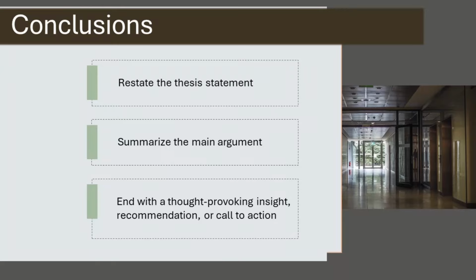The third component of your structure is the conclusion. And in this area, you're basically restating the thesis statement, what you said you were going to do in the research. You're summarizing the main arguments that you've presented in the work, and you're going to try to end with a thought-provoking insight, recommendation, or a call to action.